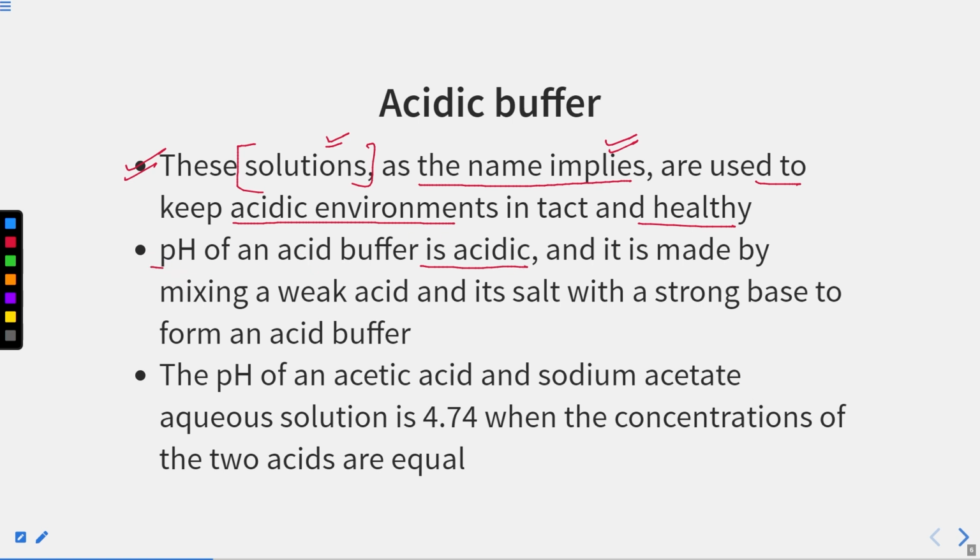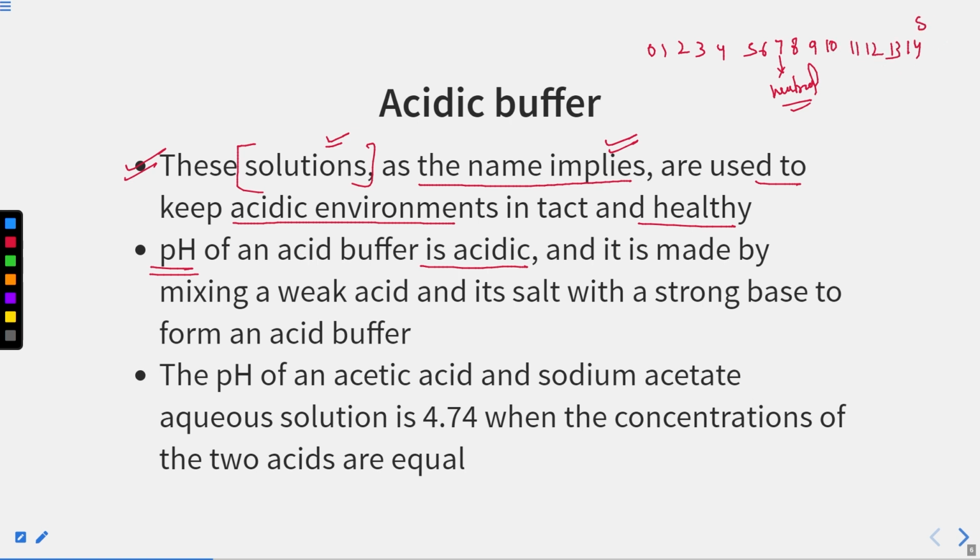If you note down the pH, you know that the scale goes from 0 to 14, and at the middle, 7, that is neutral. Here it will be 6, 5, 4, 3, 2, 1, 0, and here it will be 8, 9, 10, 11, 12 and 13.